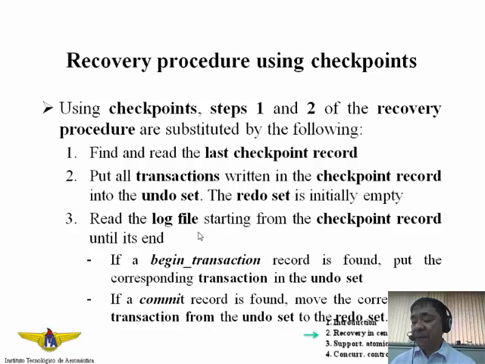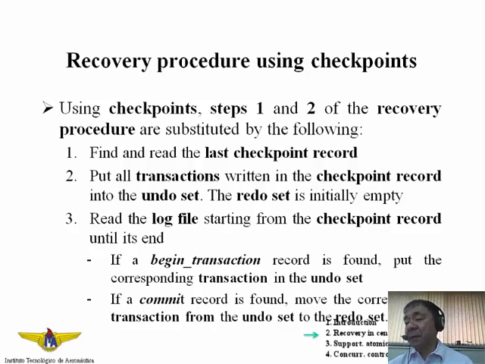Then you have two possibilities. If a begin transaction record is found, you have to add this transaction into the undo set. That's a new transaction, so you will most likely have to undo it if the failure happened.